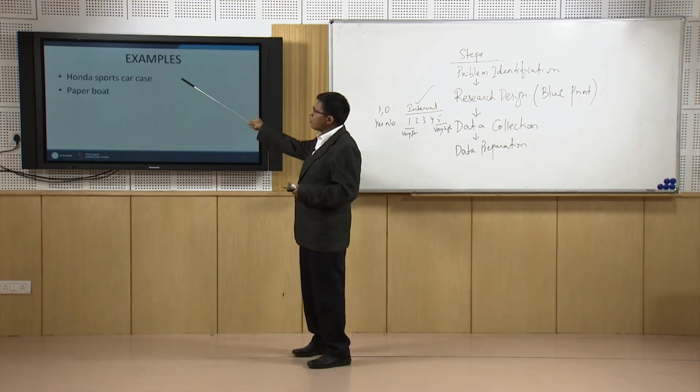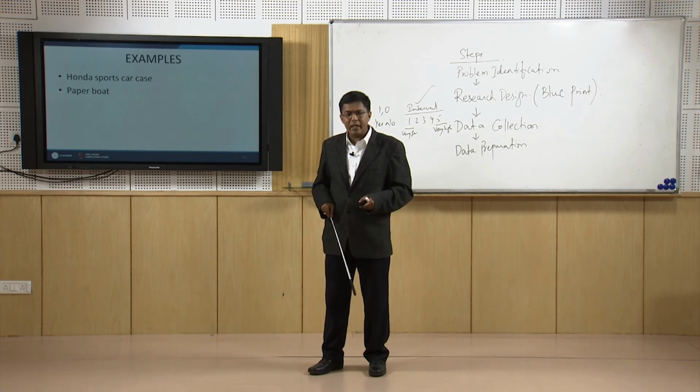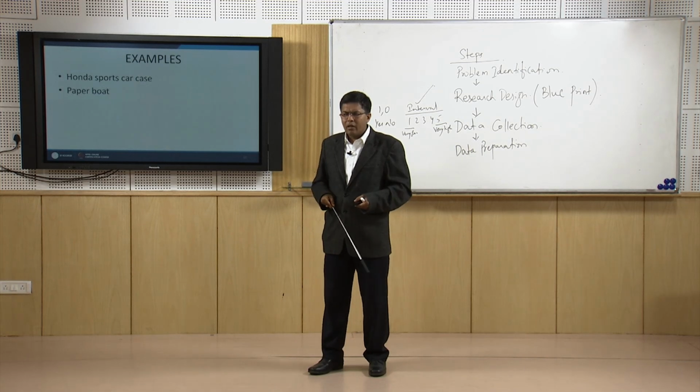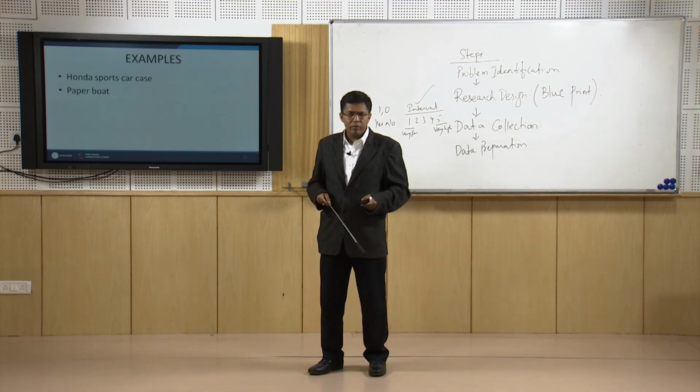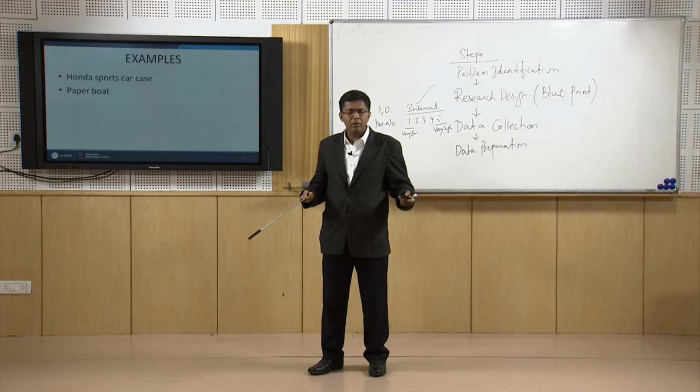I have taken this Honda sports car case, I will try to give it. Honda came up with a change because the mothers of drivers said that their children were getting affected while driving an adventurous sports car and they should provide safety. When Honda did it, they found that the sales went down. Why did it happen?